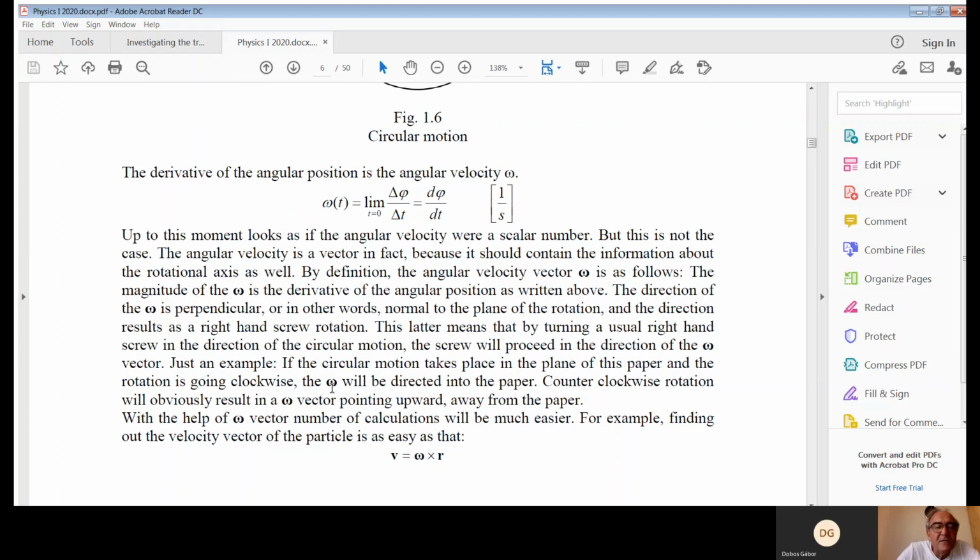Up to this moment, it looks as if angular velocity were a number, but it is not the case, because we want to extend the definition of the omega vector, the angular velocity vector, because the rotation is not just a number associated, but it's also associated with an axis.